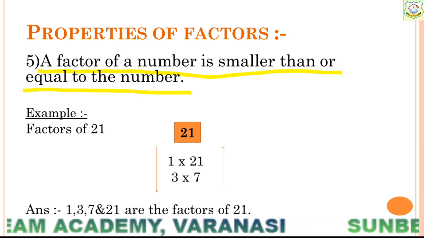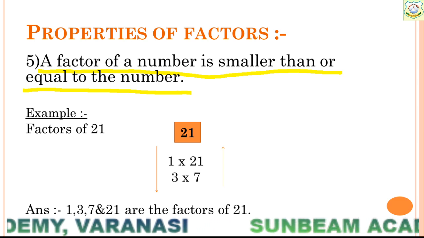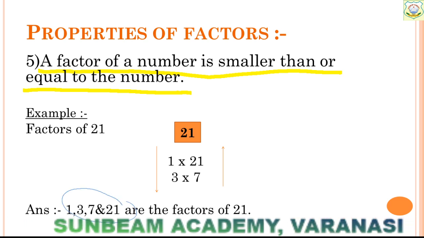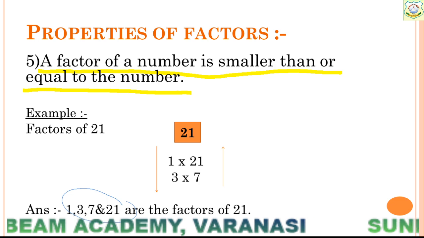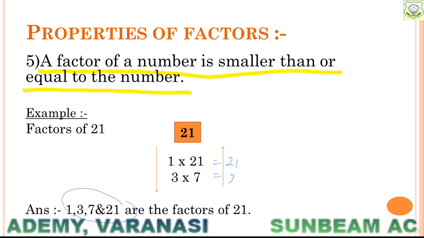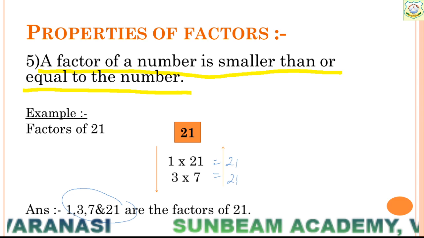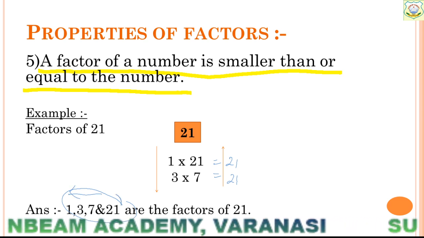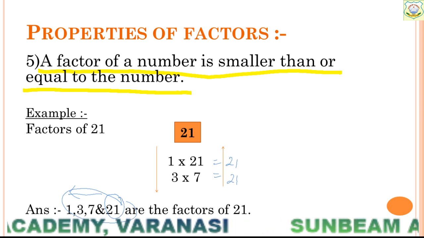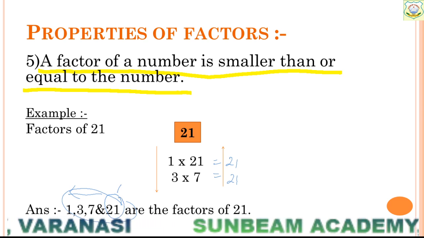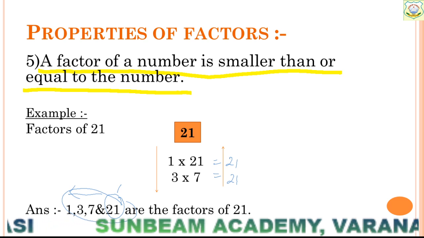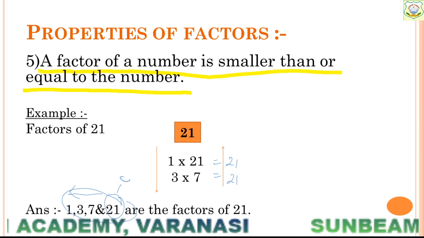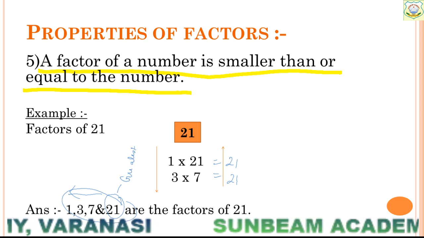Always remember, see here, there are 4 factors: 1, 3, 7 and 21 are the factors of 21, right? So all the factors are smaller than or equal to 21. This is the greatest, as I told you in the previous point, and this is the smallest, and the rest of the numbers are also smaller than 21. They are smaller than the greatest factor, right?